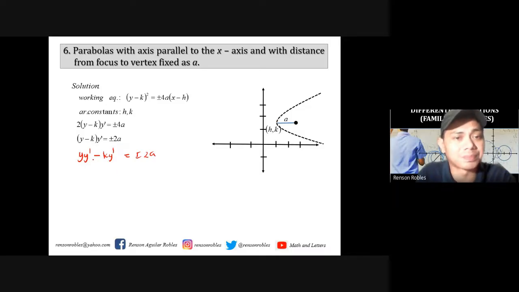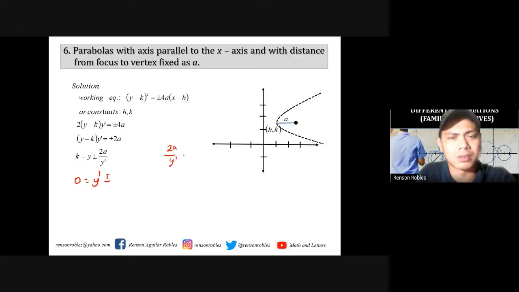Differentiating again, you can isolate k to make the derivative a lot easier. So k equals y plus or minus 2a over y prime. That is our k. Now differentiate: the derivative of k is 0, the derivative of y is y prime, plus or minus the derivative of 2a over y prime.